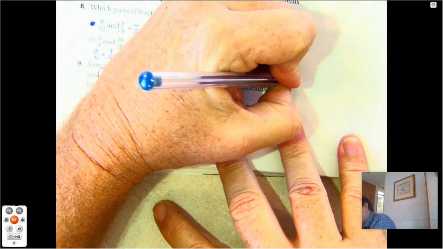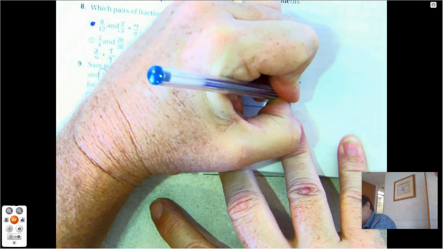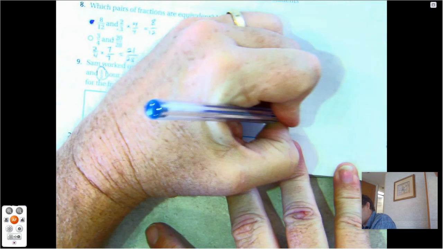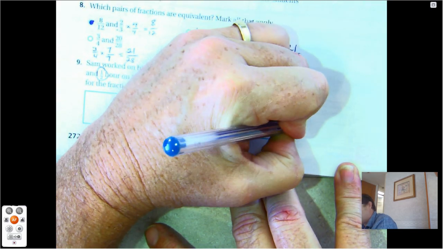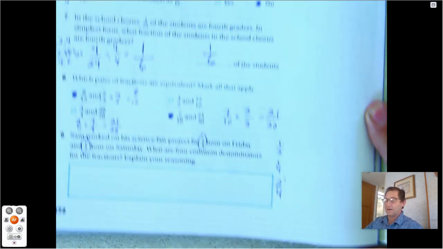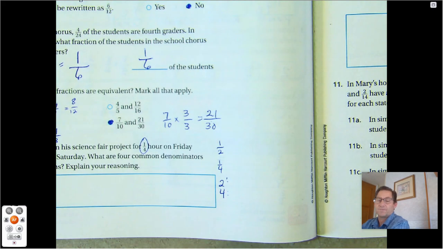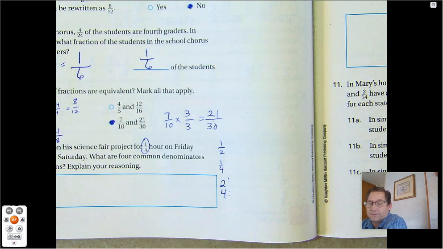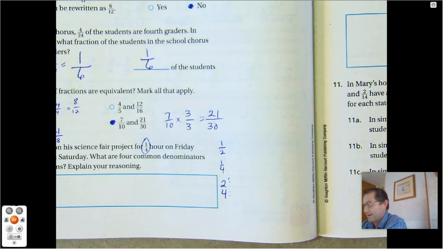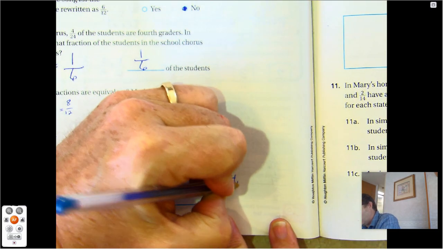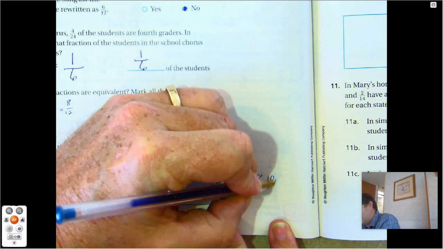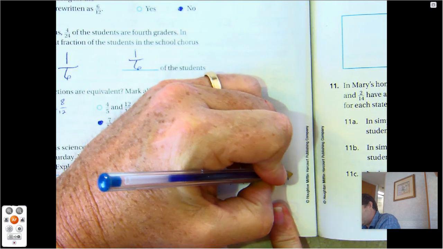So we're comparing 1/2 and 1/4. So we need to make a list of multiples for 2 and 4, and we need to find 4 multiples that are the same. So 2, 4, 6, 8, 10, 12, 14, 16. I'll stop there.